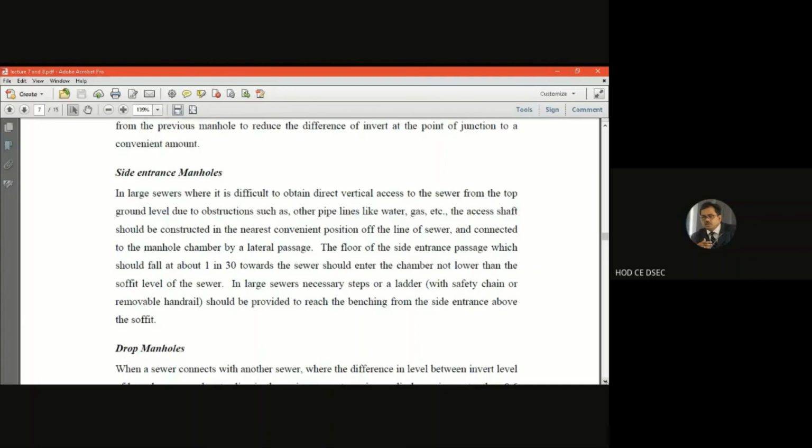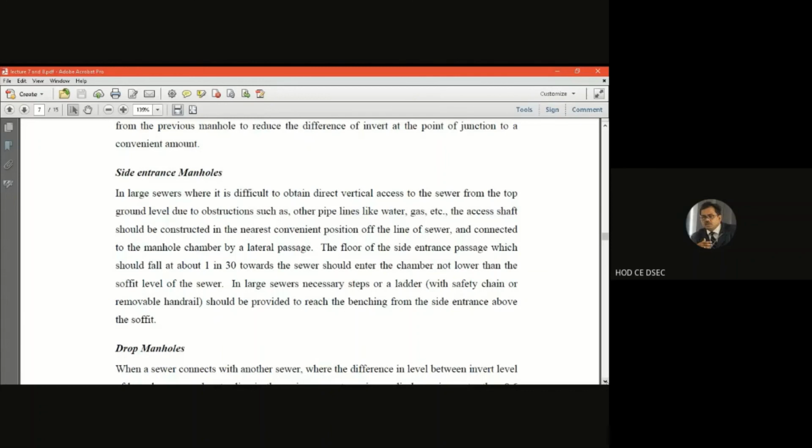Because of some obstructions. Those obstructions are existing water pipelines, gas pipelines, electric lines, trees, even tree roots. So it is very difficult to access the sewer pipes directly from the top ground level due to these obstructions.